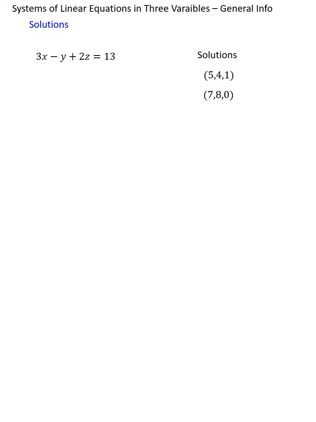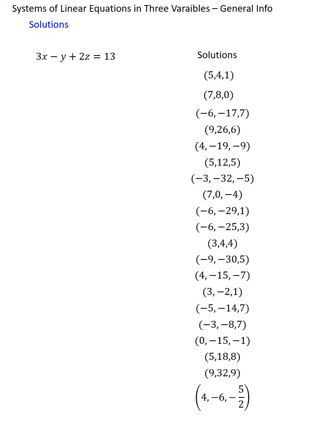But what I've shown here is that there are 2 ordered triples that satisfy this equation, or that are solutions to this equation. Well, just to make a point, I found many more solutions to this equation. And if you're wondering where I got all these, I was not about to do guess and check, so I wrote a computer program to find them.